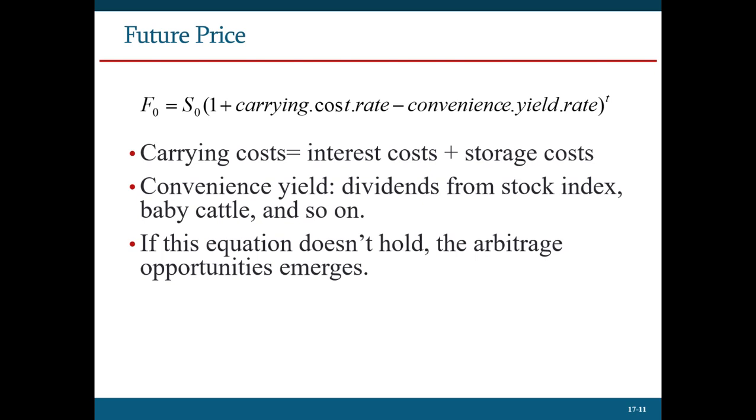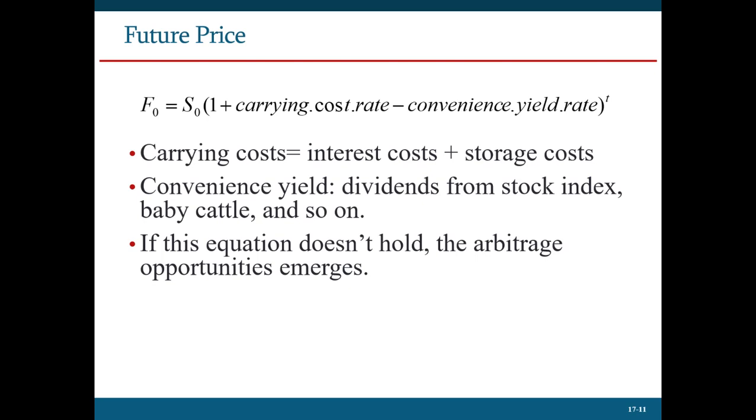Another example of convenience yield is live cattle. Let's say you have 1,000 live cattle, and some of those are male, others are female. If you hold this large group of cattle for 1 year, and the next year you find that you have more cattle. How do you get those more cattle?